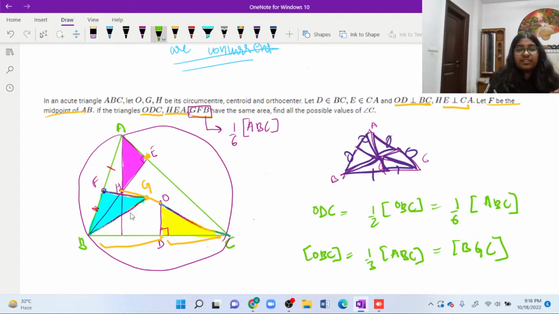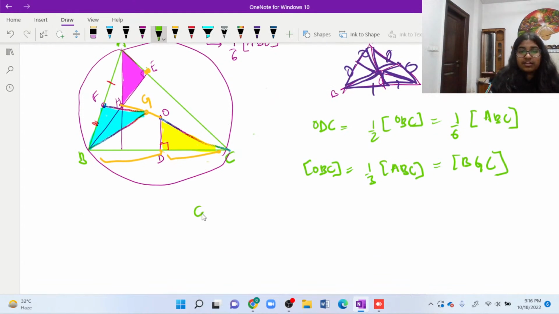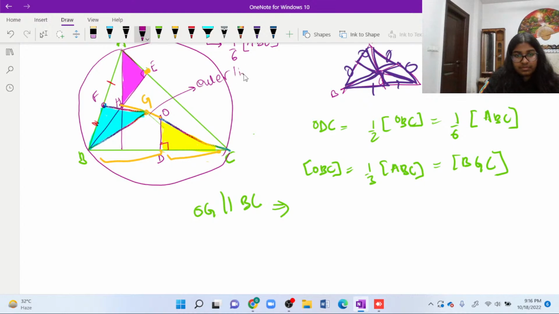That means the area of OBC is the same as the area of BGC. That means OG is parallel to BC. That also means that since H, G and O lie on a straight line, because that's the Euler line, HGO is parallel to BC.